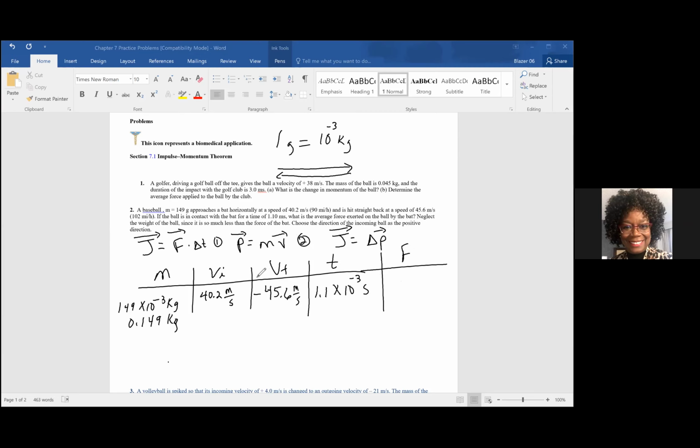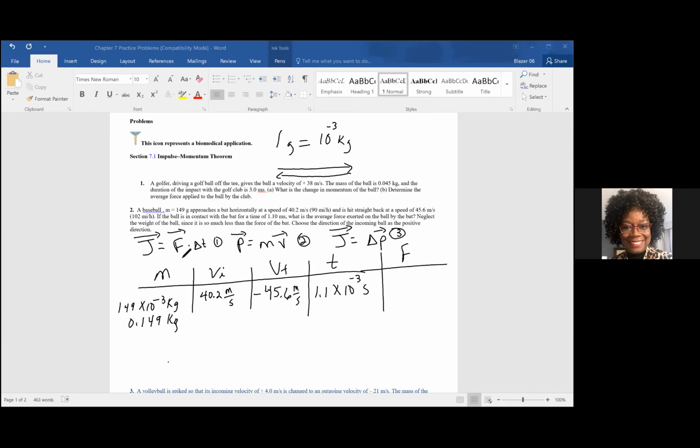So are we going to use first equation 1, 2, or a combination of 1, 2, and 3? And if so, do you understand why? You see, my force is my unknown. And my force times time is my impulse. But I'm not given the impulse.